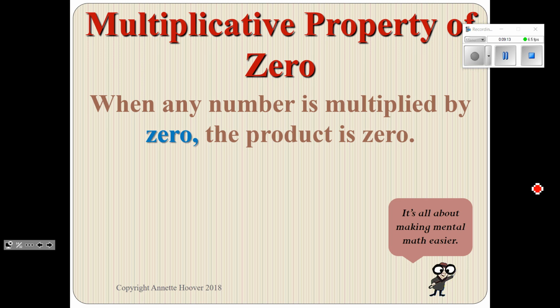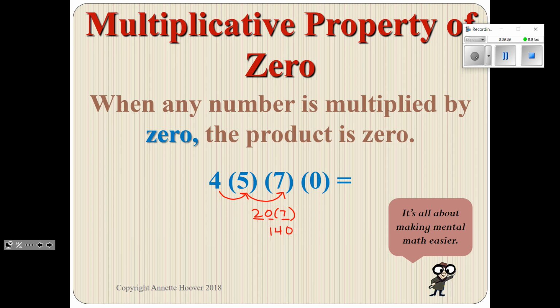The multiplicative property of 0 states that when any number is multiplied by 0, the product is 0. When I look at this problem, 4 times 5 times 7 times 0, it would be a waste of time to say, okay, 4 times 5 is 20, and 20 times 7 is 140, oh wait a minute, it's times 0, so it's just 0.